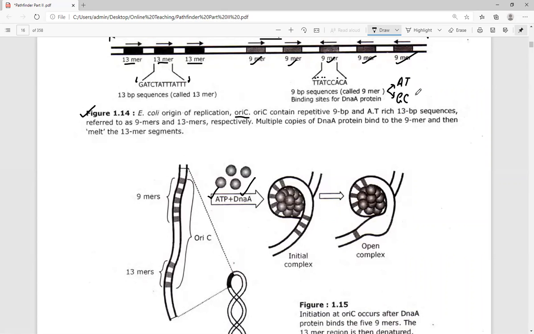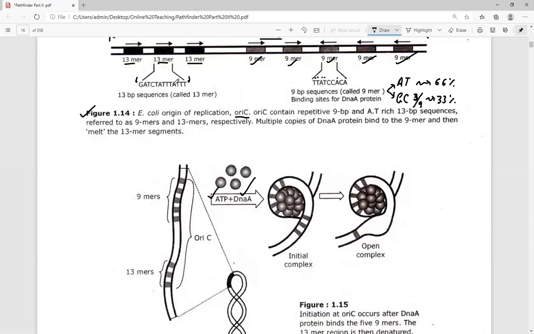So 3 GC out of 9 means one third, equivalent to 33% GC content. The AT content in this 9-mer region will be approximately 66%.